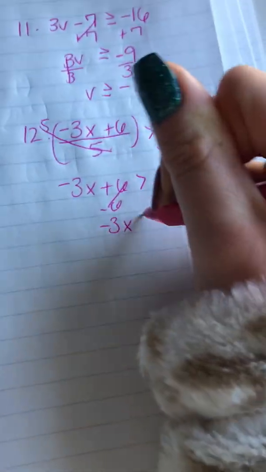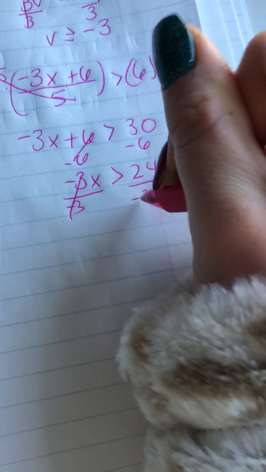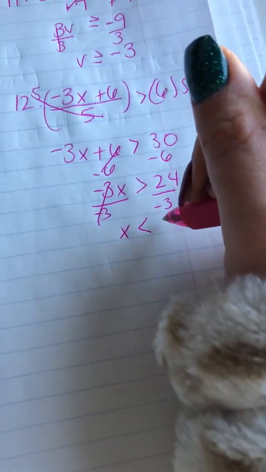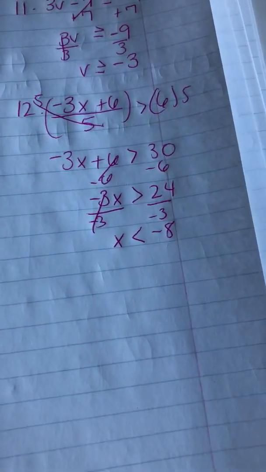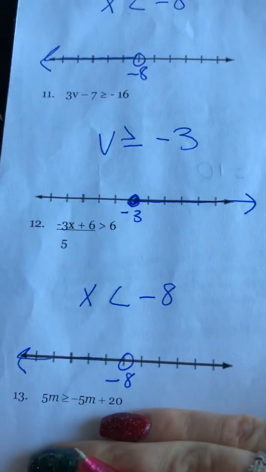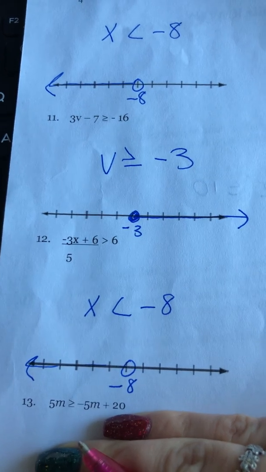I get -3x is greater than 24. Divide both sides by -3, and remember that sign will flip. 24 divided by -3 is -8, so you have x is less than -8. And when you go to graph it, it'll be an open circle on -8, and it's going to the left because it is less than.